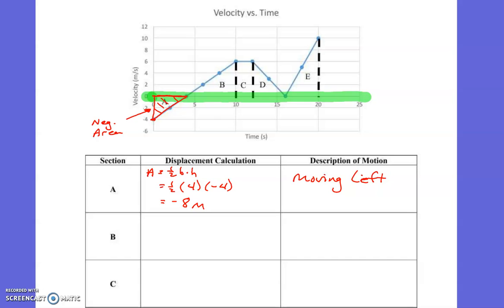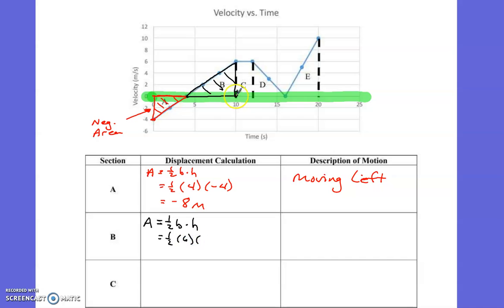For part B, again, we're going to find the area between the line and the horizontal axis. This is again a triangle, so the area is 1/2 the base times the height. The base goes from 4 to 10, which means it is 6.